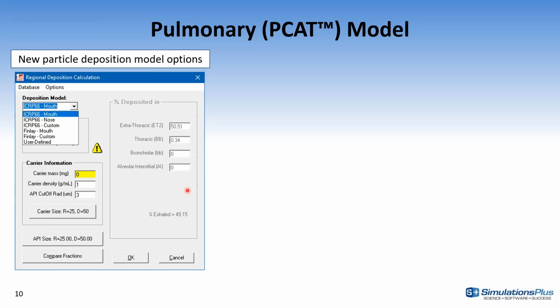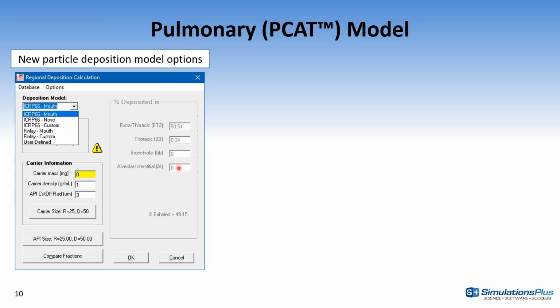Not sure if that exactly answers the question, but those are the options that you have for predicting the deposition. But again, you always have that option to use a user-defined and just type in the deposition fractions if you predict them from any other tool available.